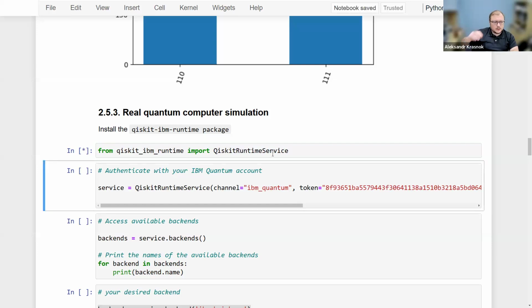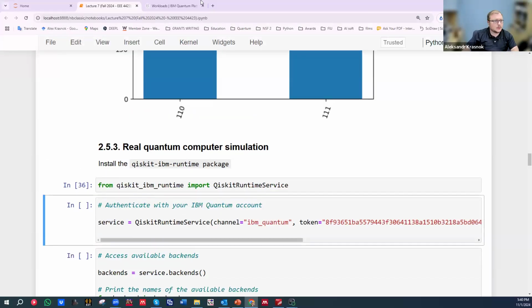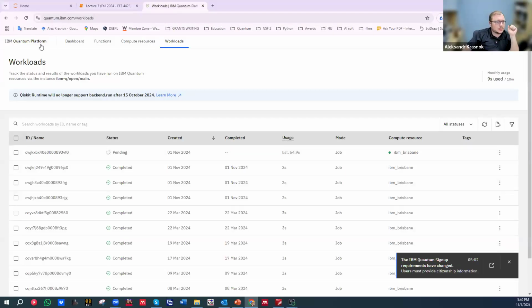This function allows you to basically connect your project here in Jupyter Notebook to your account in IBM Quantum.